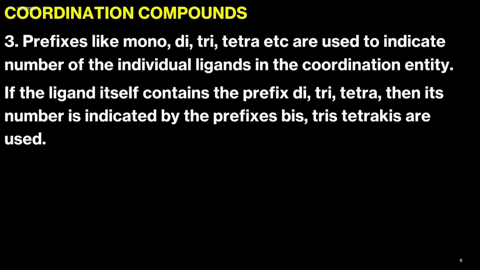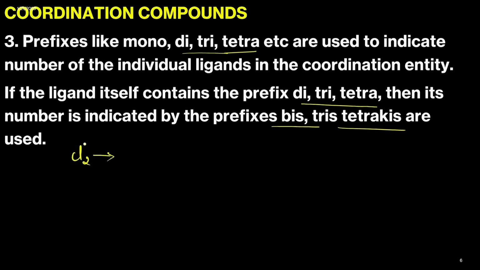And next point is prefixes like mono, di, tri, tetra, etc. are used to indicate number of individual ligands in the coordination entity. If the ligand itself contains the prefix di, tri, tetra, then its number is indicated by the prefixes bis, tris, tetrakis. For example, consider you have Cl2.